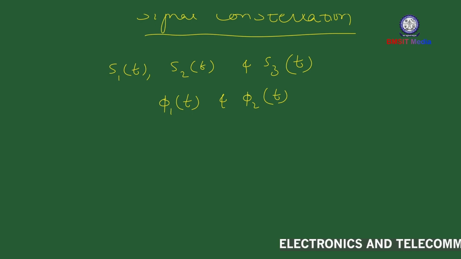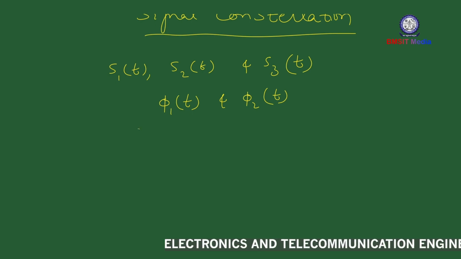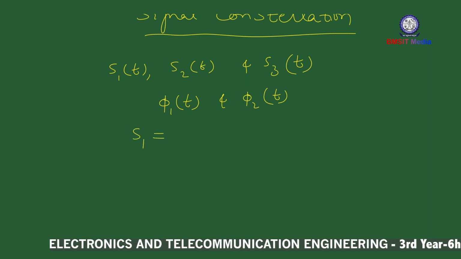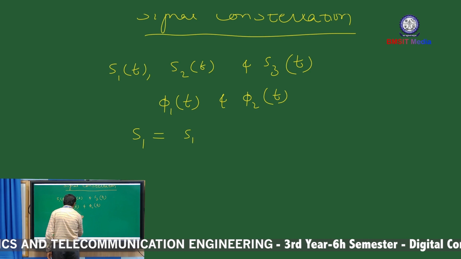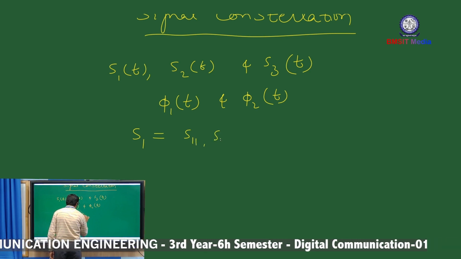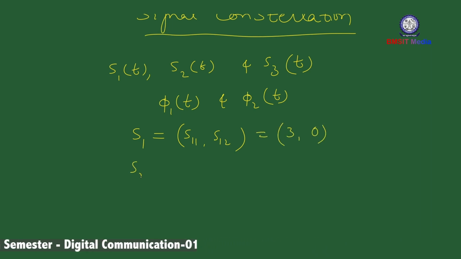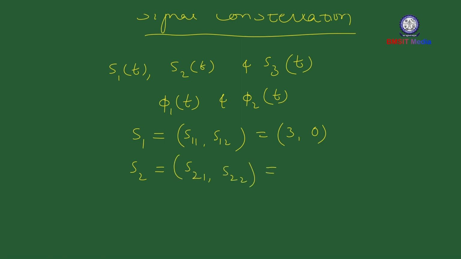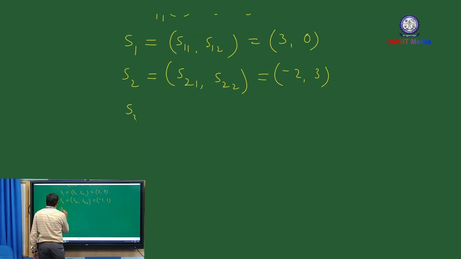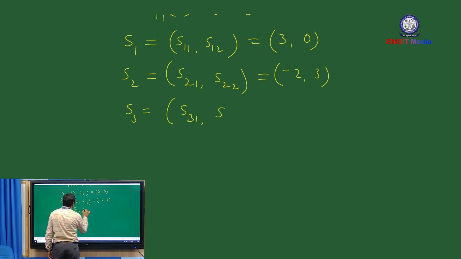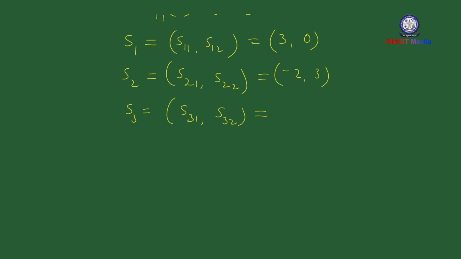The coordinates of these three signals are given as S1 is equal to S11, S12, which is equal to 3 comma 0, and S2, S21, S22, which is equal to minus 2 comma 3, S3 is equal to S31, S32, which is equal to minus 3 comma minus 3.